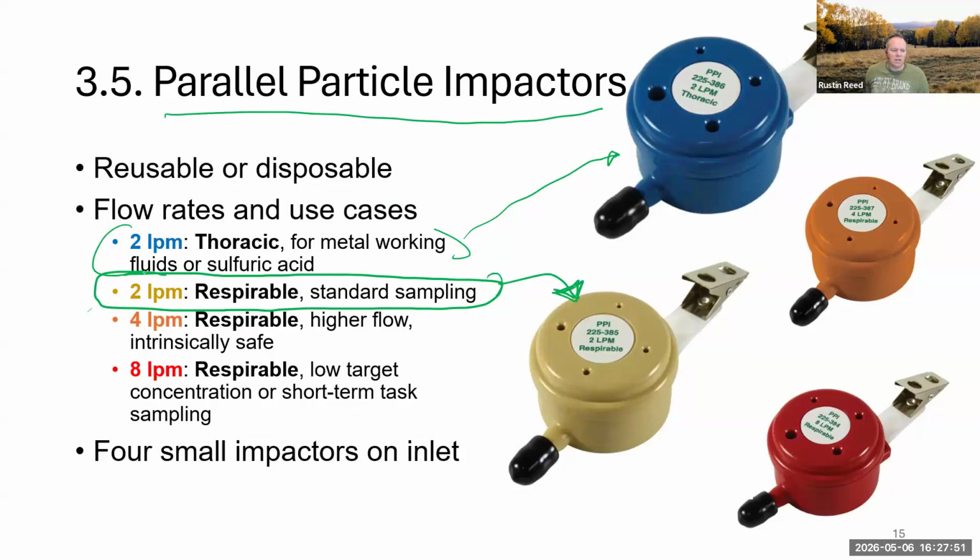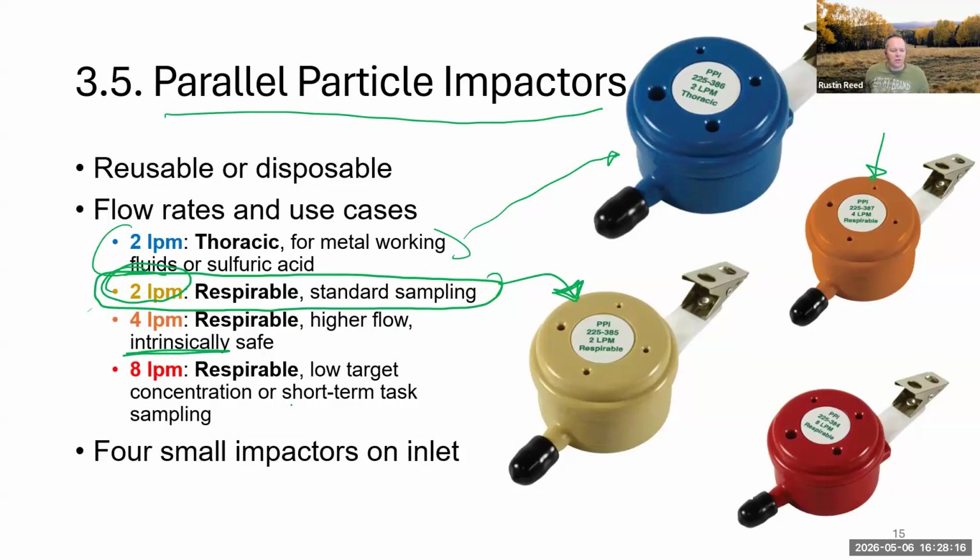That tan one, it runs at 2 liters per minute. This is pretty common, at least in my experience, for sampling silica. Now, that's not always the case. You may have reasons to use the orange. So this orange is intrinsically safe. If you're sampling underground in a coal mine, then you really want that to be intrinsically safe. So that would be a good option.